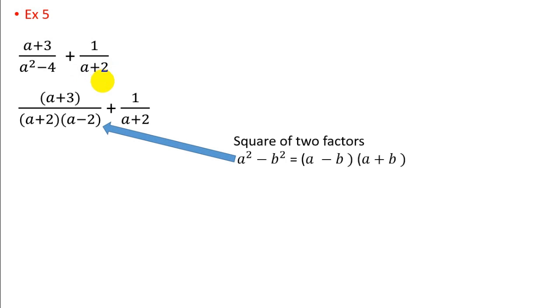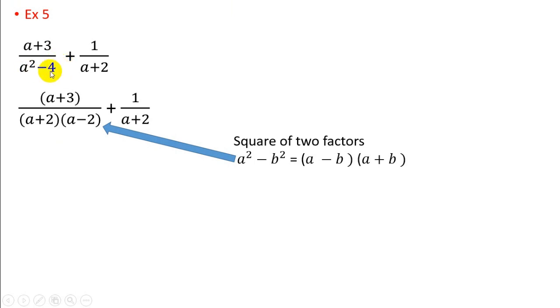If you can remember, we say square of two negatives. a square minus b square we can rewrite in terms of a and b as a minus b into a plus b. So the same law can be applied over here. a square minus 4 you can rewrite as a plus 2 into a minus 2, because b square is 2 square here.